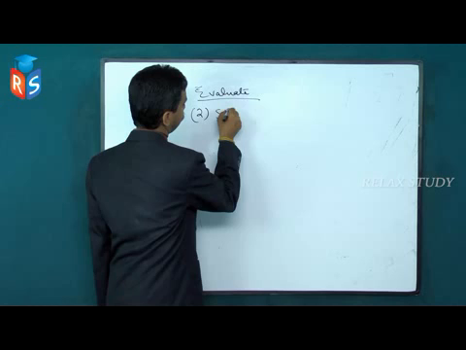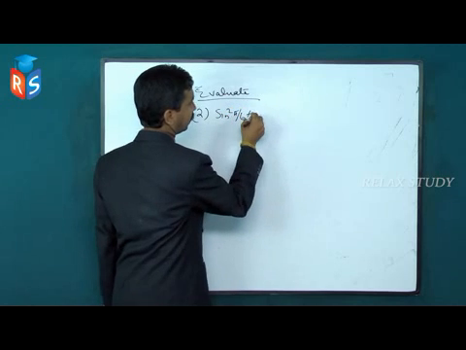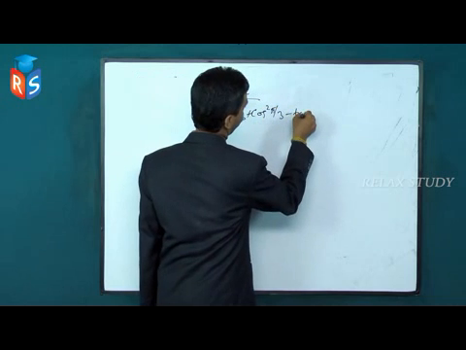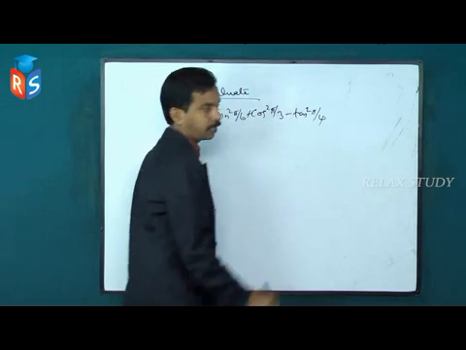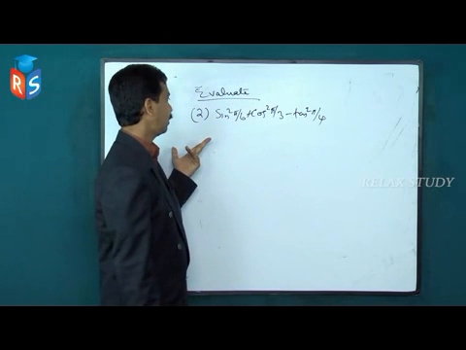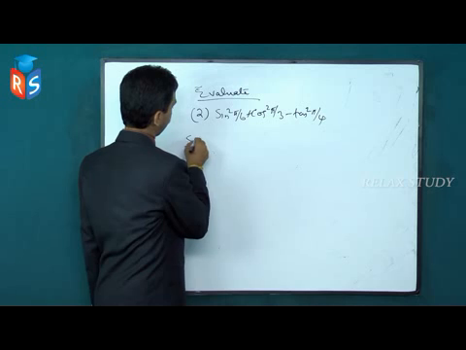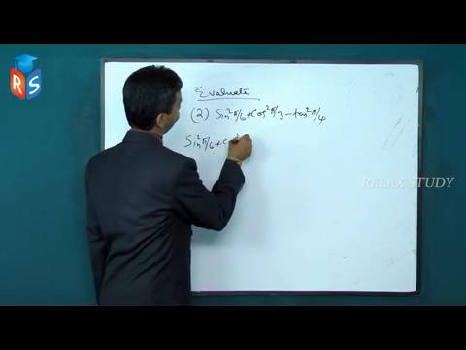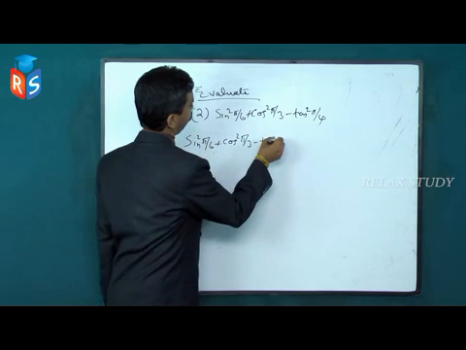Next one, evaluate sin square pi by 6 plus cos square pi by 3 minus tan square pi by 4. Here also we want to find sin square pi by 6 plus cos square pi by 3 minus tan square pi by 4.